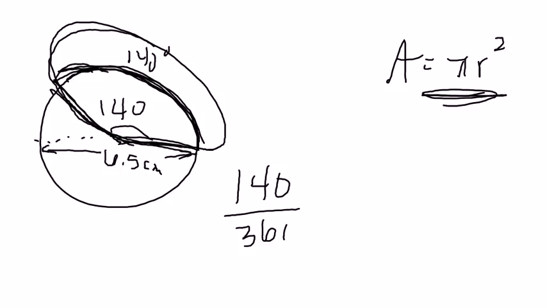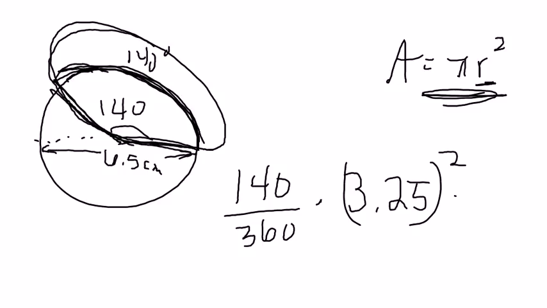Well, that's 140 over 360. And then we're going to use our area formula to find this out. So the radius is half the diameter, remember, so it's going to be 3.25, and then we need to square it, and then we need to multiply it by pi. So this is the area here.